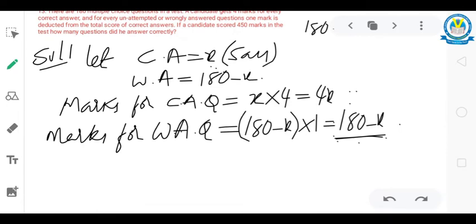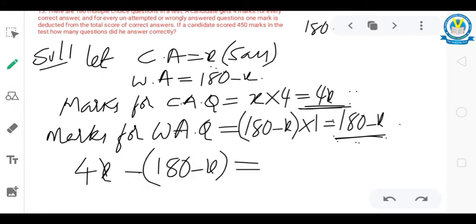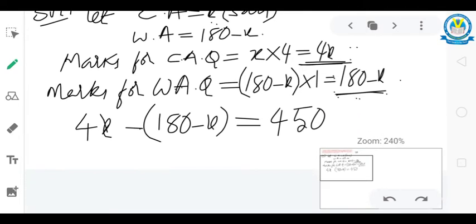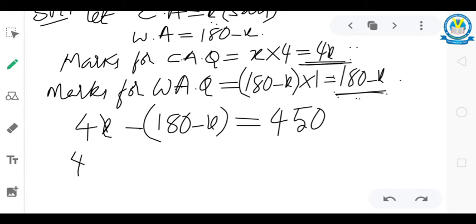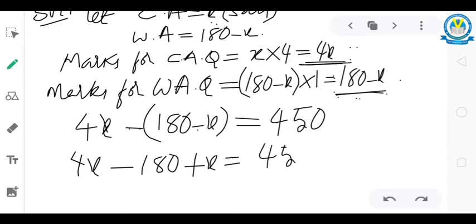So I can write it as: his gained score is 4x and the negative score is minus of (180 minus x), and the resultant score is 450. So 4x minus (180 minus x) equal to 450.